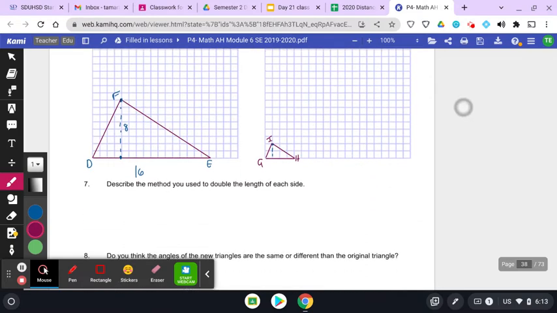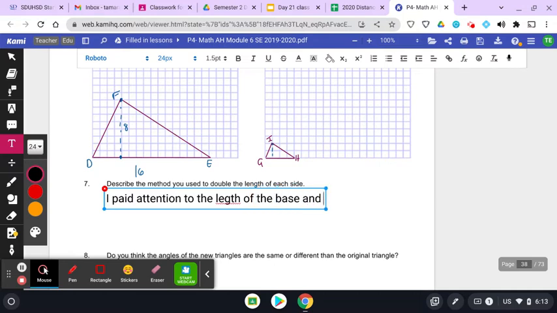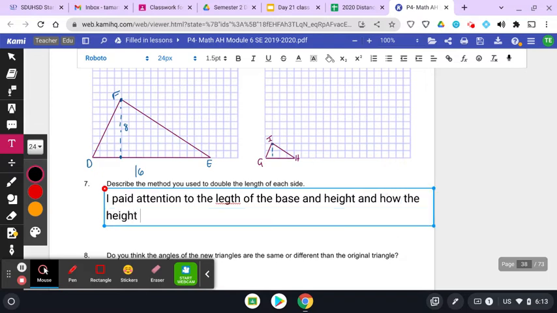Okay, so we're just describing what we did. I paid attention to the length of the base and height, and how the height proportionally cuts the base.